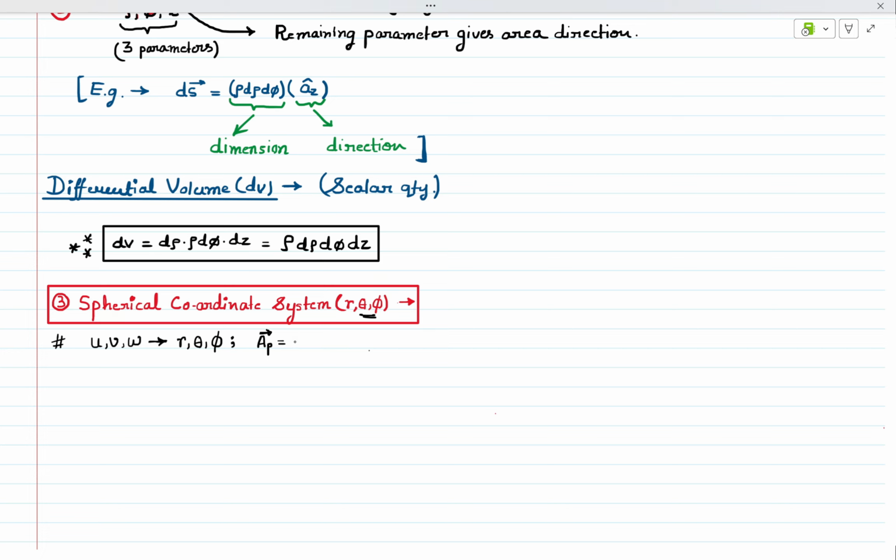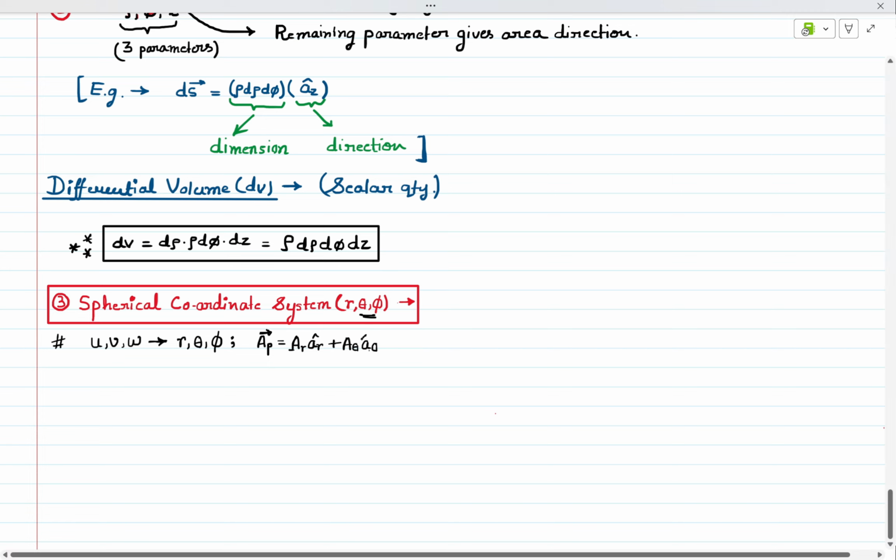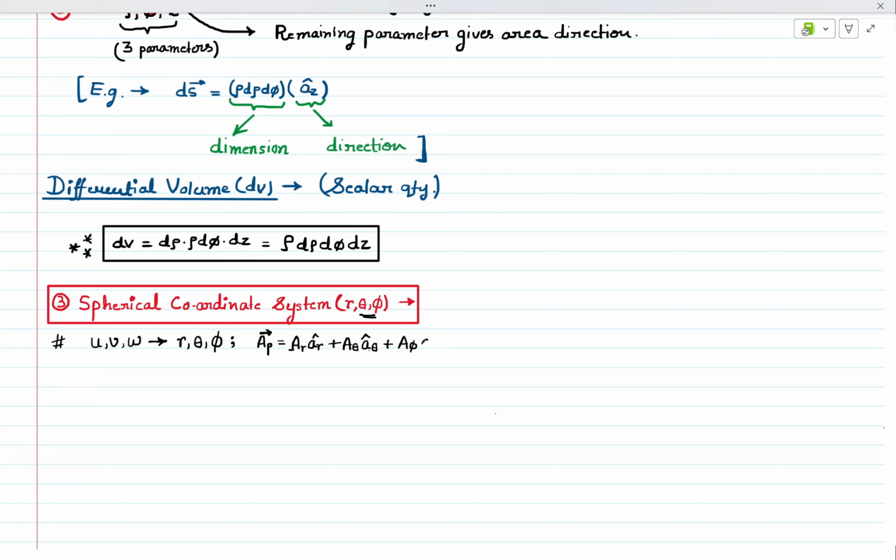So that's what I am writing over here: it has a component AR in the direction of r, plus a component A theta in the direction of theta, and a component A phi in the direction of phi.